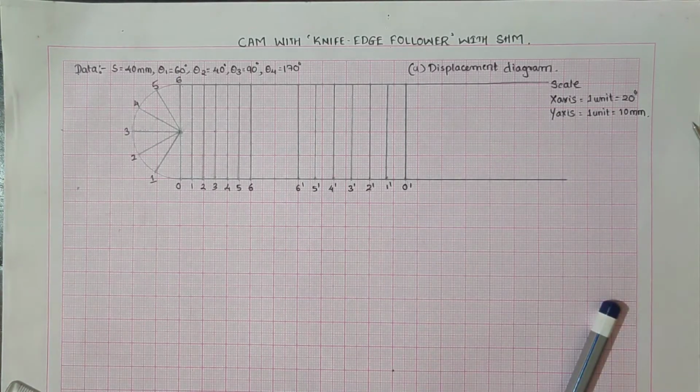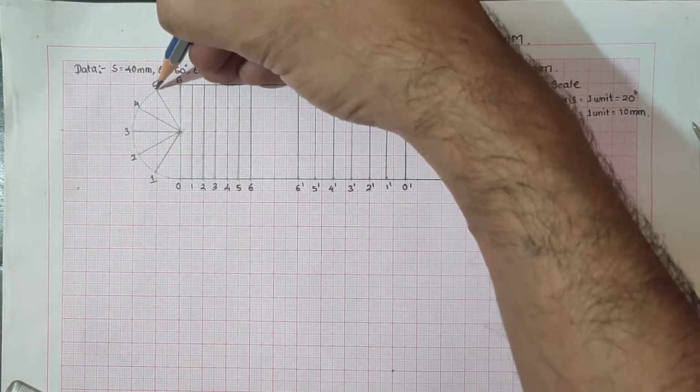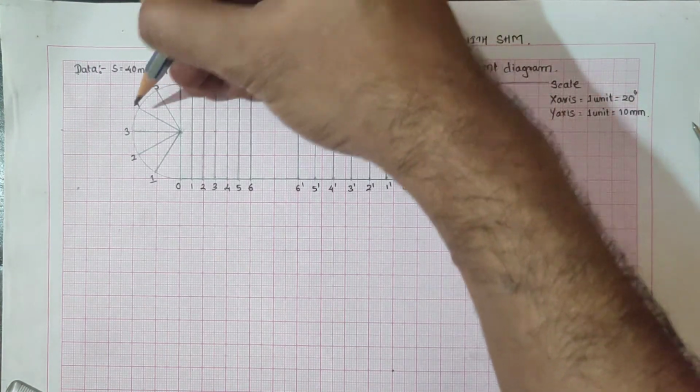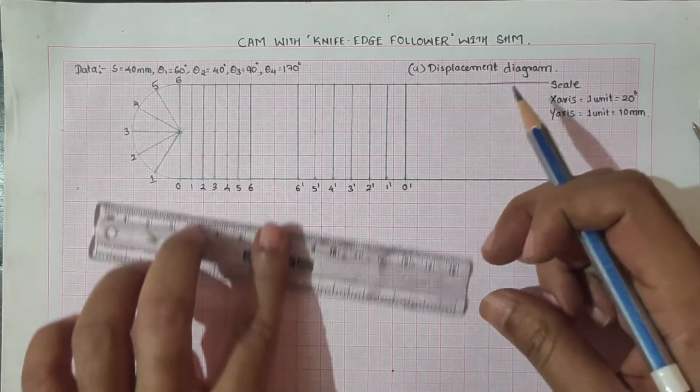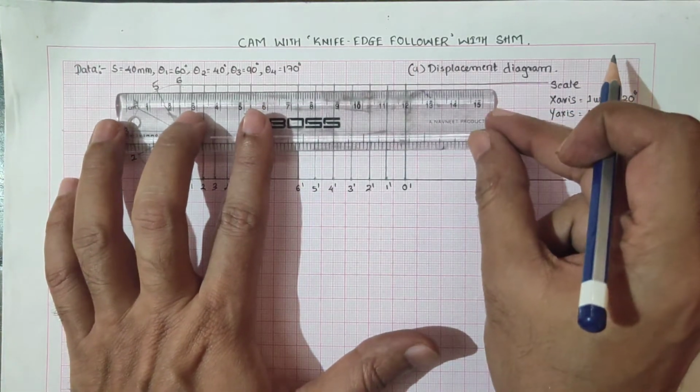Next we are supposed to take the projections of these points in a horizontal manner till the last line. So let's begin with the top.